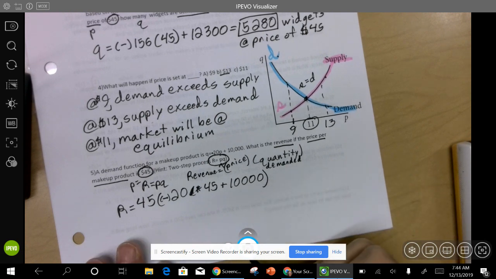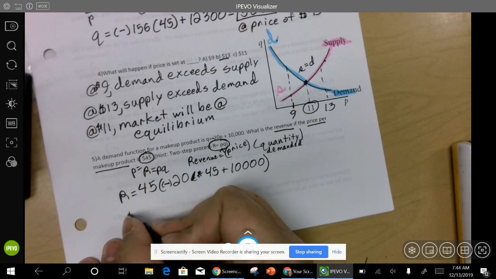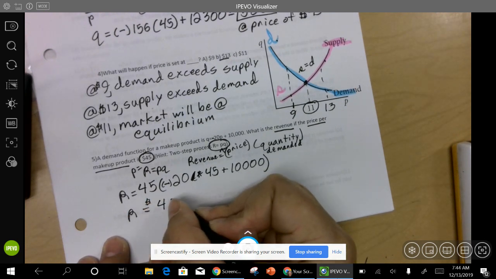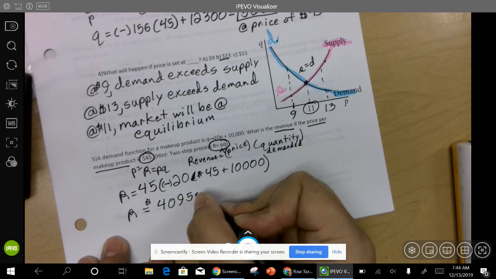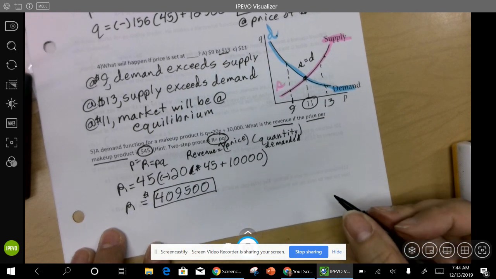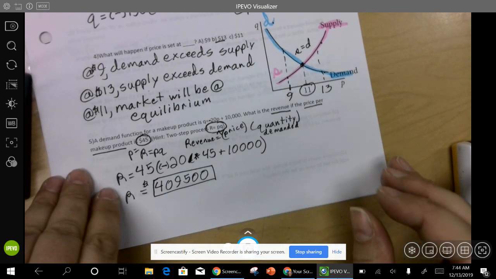Make sure you count your zeros. I put that all in the calculator, and then I get $409,500. Remember in the Canvas, we just put in the numbers. No commas, no dollar signs.